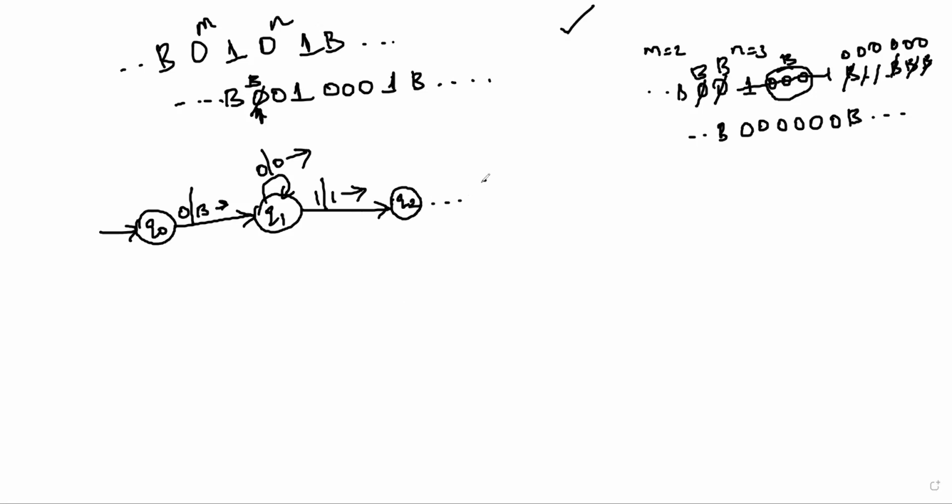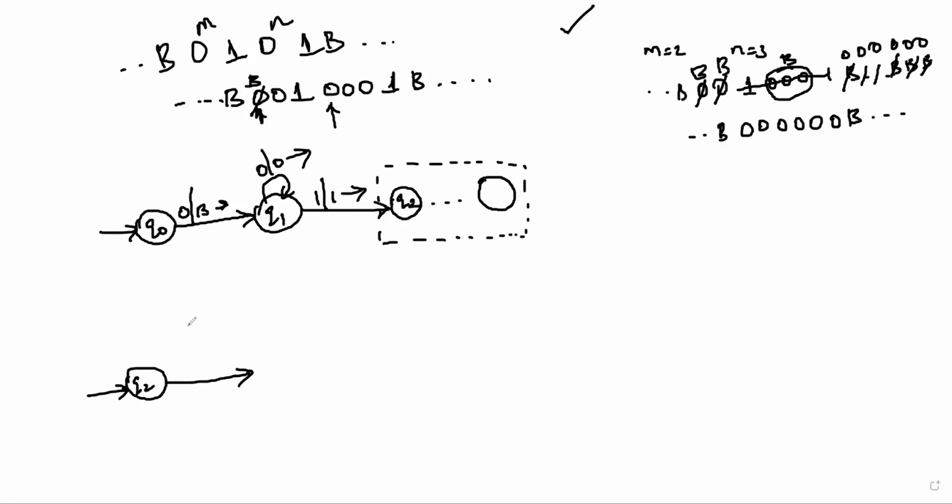Q2. So I'm going to use a function here, a subroutine. Inside it, I'm going to copy the 0 and paste it in the blank position. That is, I'll use another diagram here. So from Q2, you are here now, right? My pointer is here.